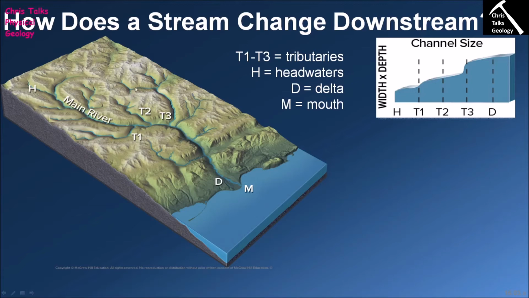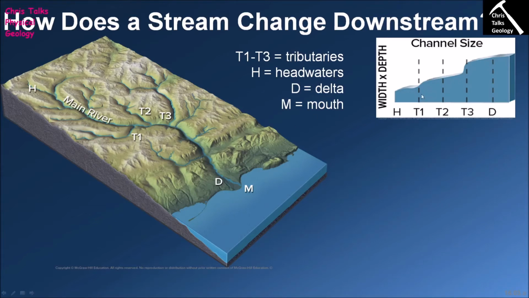So all of these tributaries are all contributing water into the main channel, so that means the volume of water in the main channel is going to keep getting larger and larger and larger. And you can see that at T1 here, which is the first major tributary entering the main channel, you can see that after T1 there's a noticeable increase in the channel size. After T2 another increase, after T3 another increase.